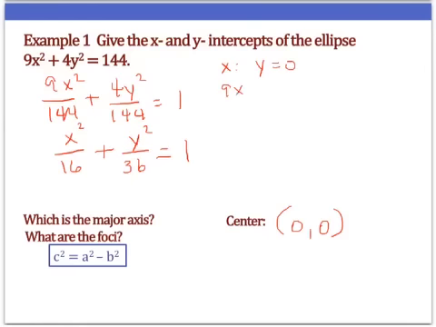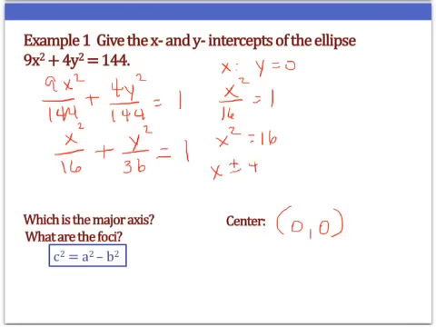Actually, we're going to use the simplified version instead of the middle-of-the-road work. Anyway, we'll have x squared over 16, and y squared over 36, that's just 0. And we will solve that, and you get two of them.